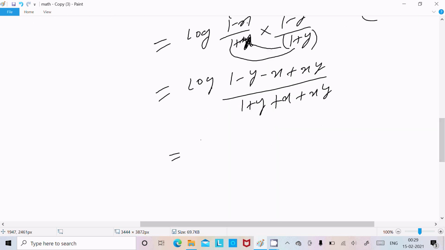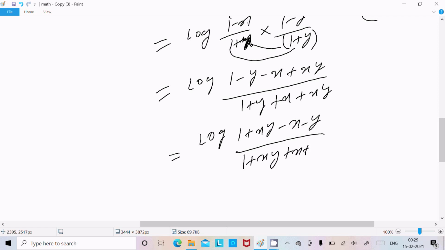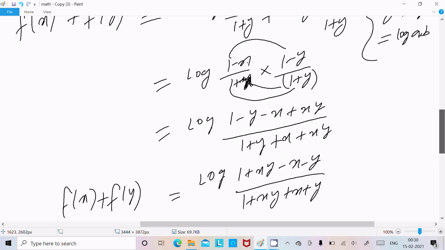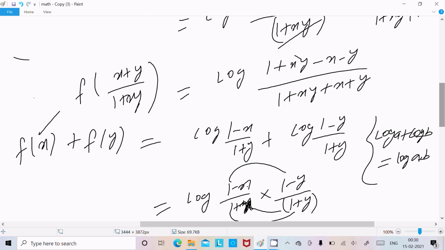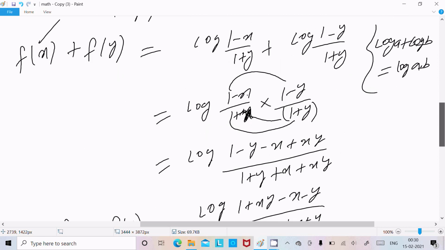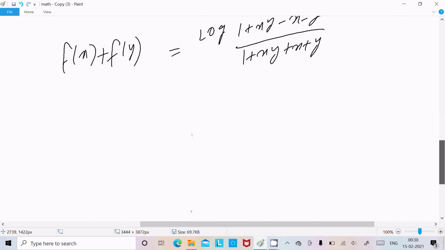Now hereafter we can write log((1 + xy - x - y)/(1 + xy + x + y)), the value of f(x) + f(y) that I calculated. So f((x + y)/(1 + xy)) also comes log((1 + xy - x - y)/(1 + xy + x + y)), this also comes.